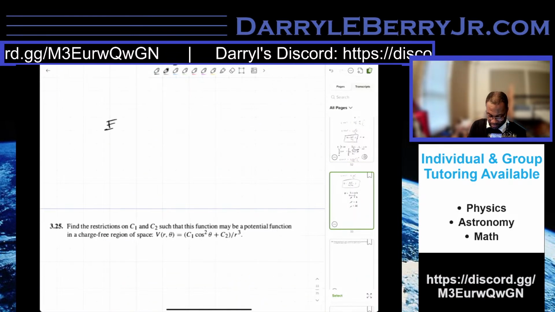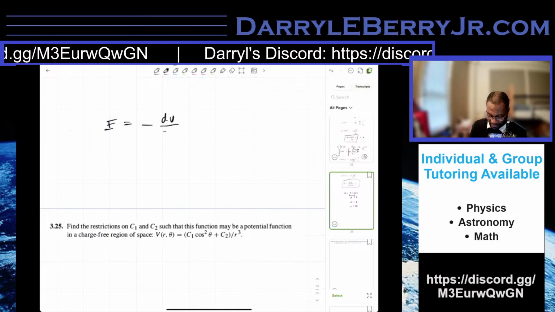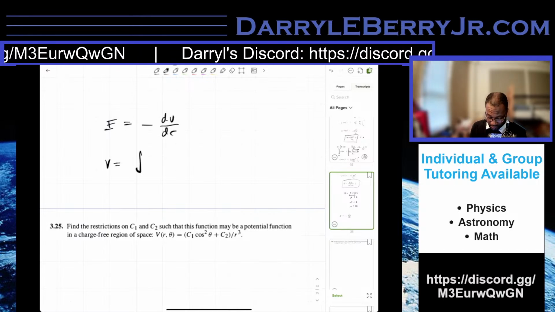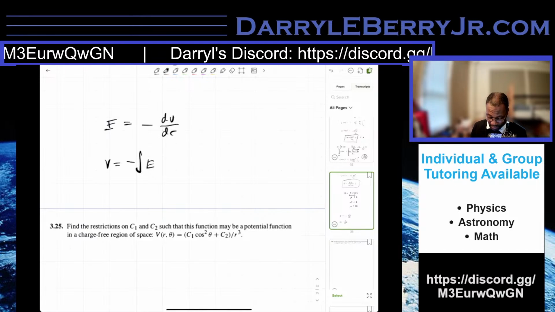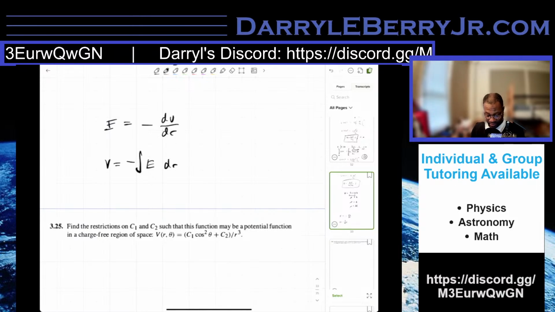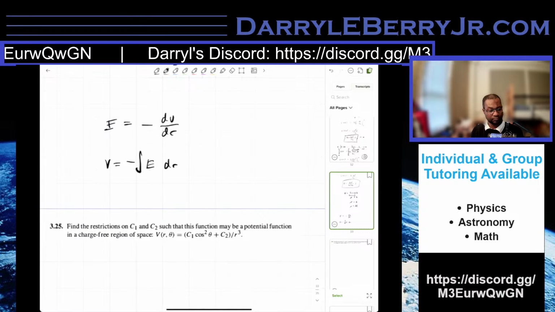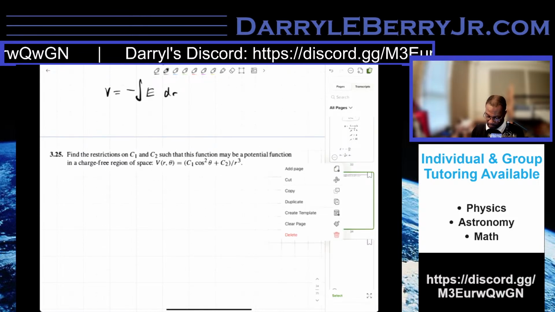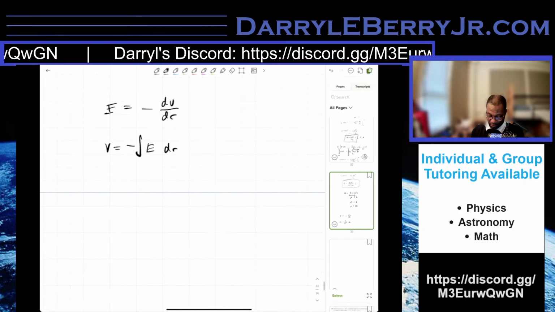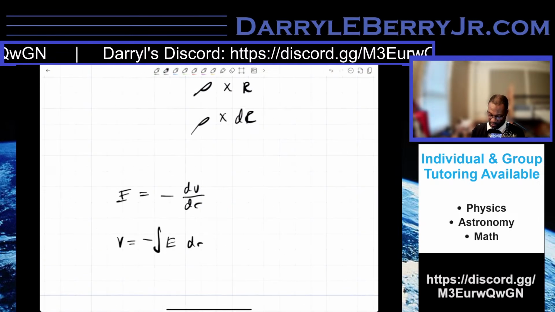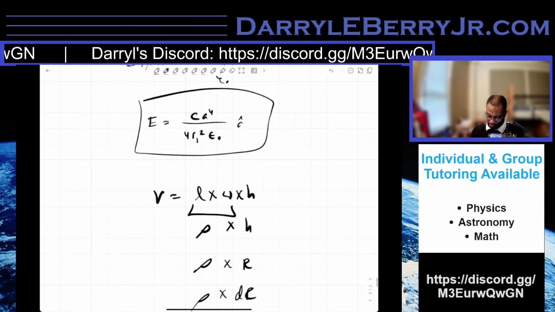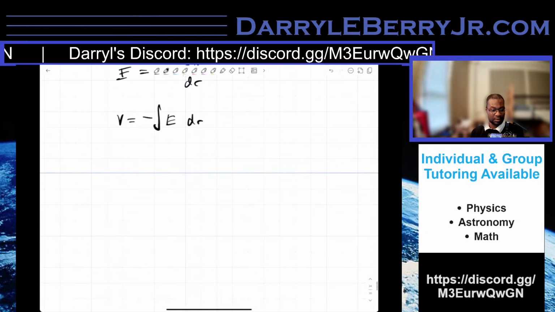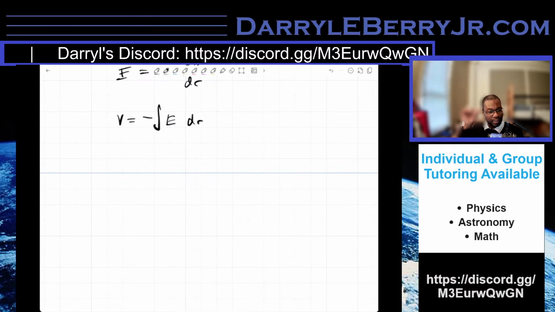So E equals negative dV over dr, plus V equals integral negative E. I guess that'll also be dr. Yeah. I shall do this integral real fast and probably take a break. Let's take a look and see, before I miss something.